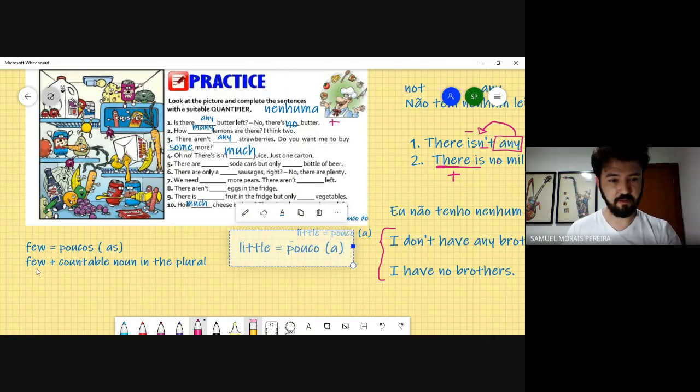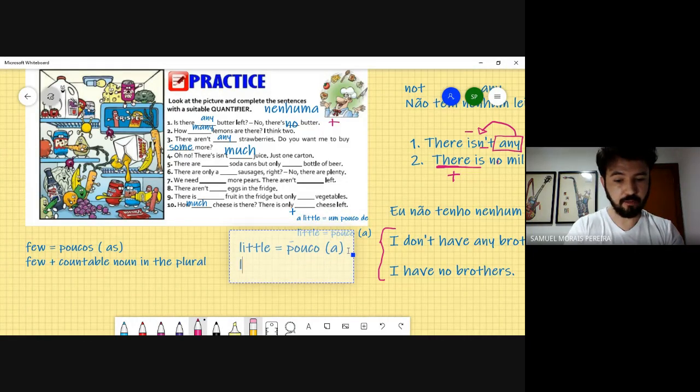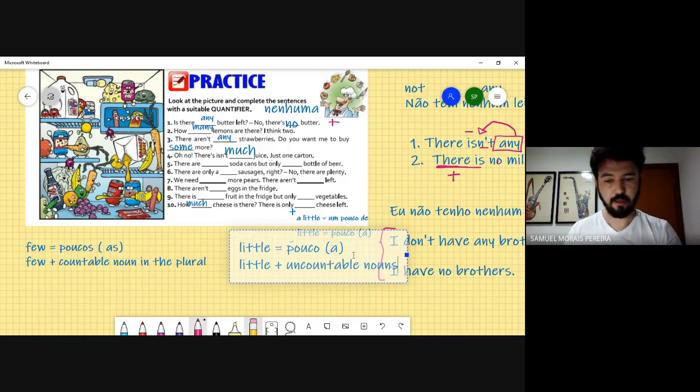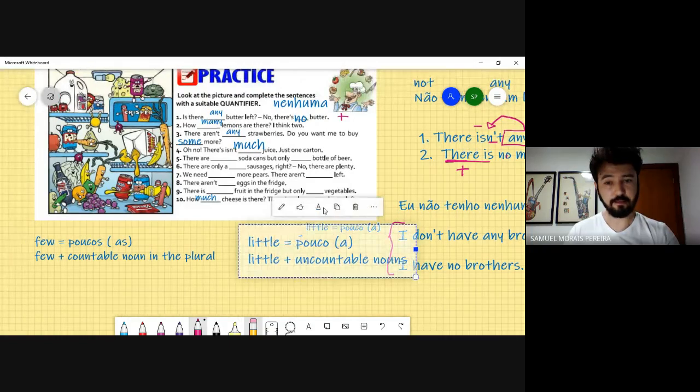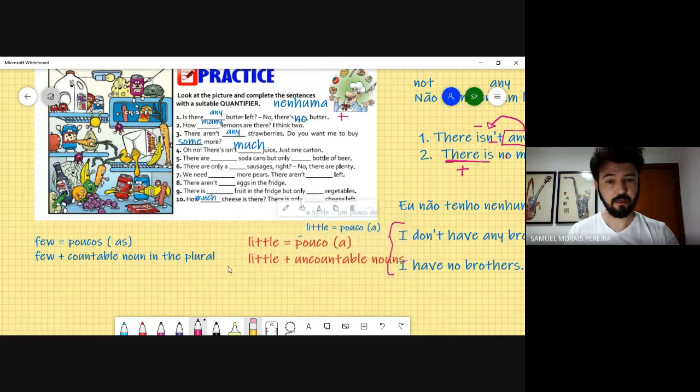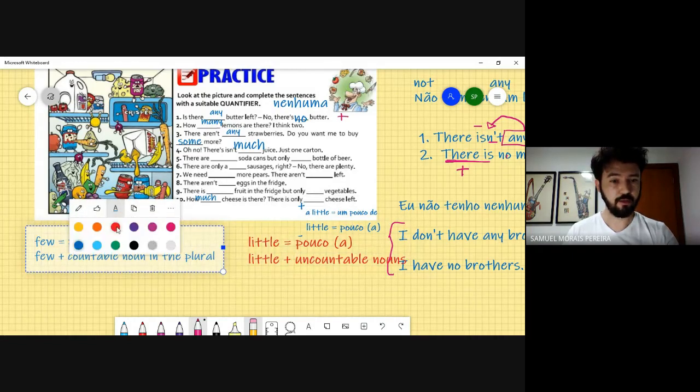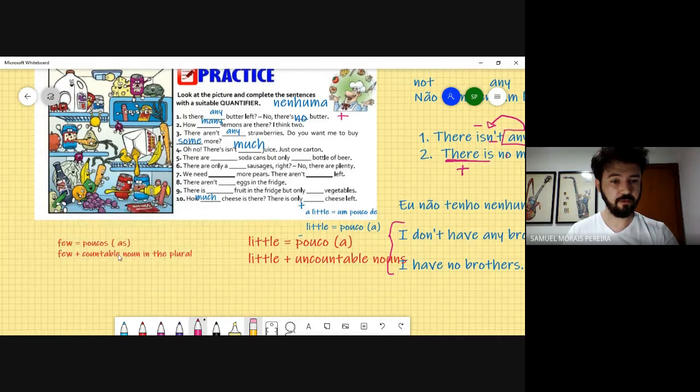We use few for countable plural nouns, and we use little for uncountable nouns. And this is really important, okay? So pay special attention to that. Olha, I think that if you just pay attention to the translation will help you. Because as you can see, few is translated in the plural and little is translated in the singular.